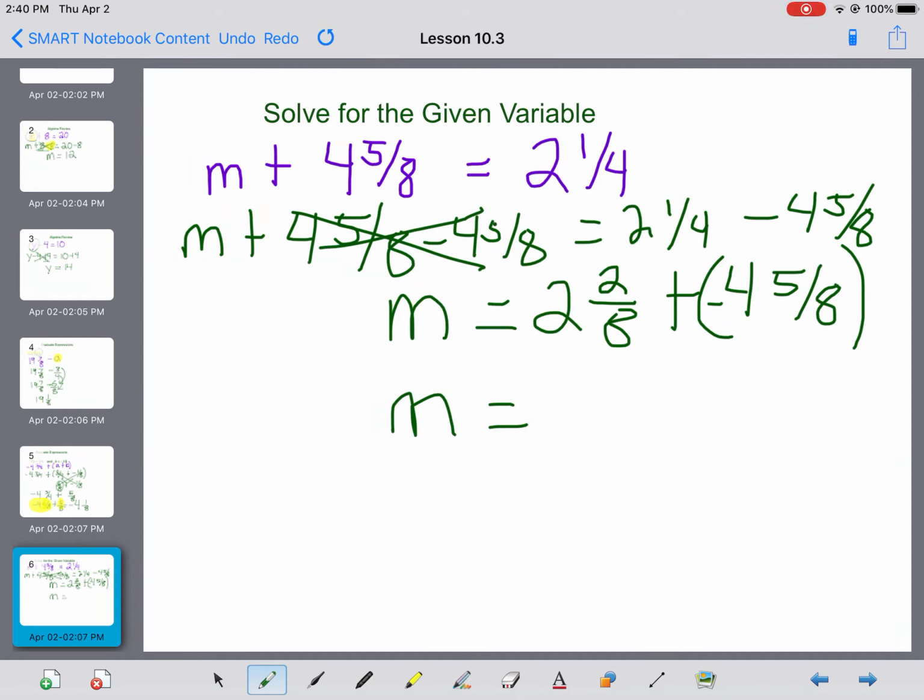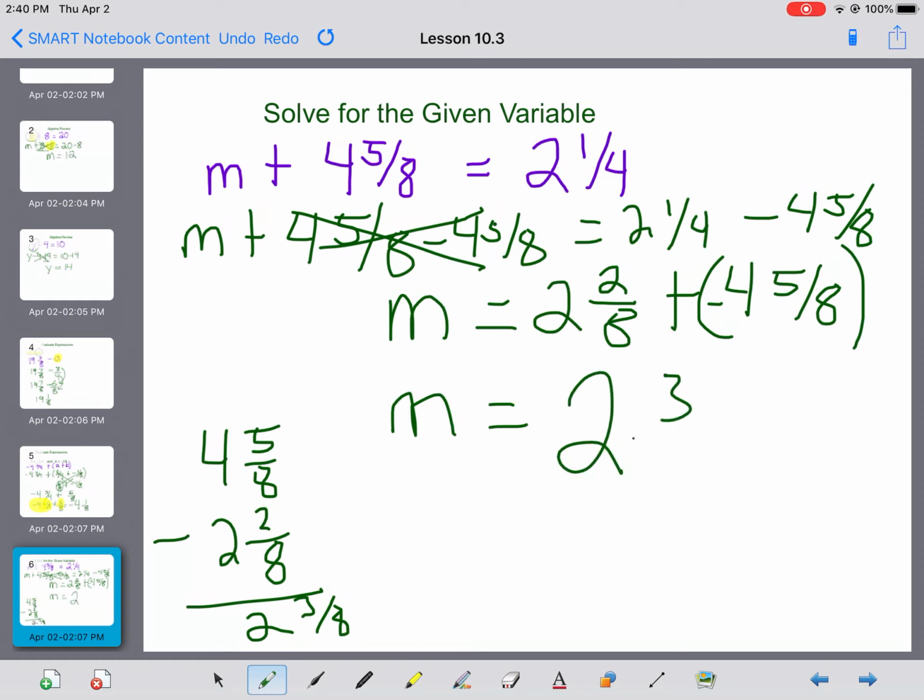Back to our review lesson on working with negative integers, I can find the difference between these two numbers. So I can do 4 5/8, subtract 2 2/8, and I get 5 take away 2 is 3/8 and 2. So I get 2 3/8.